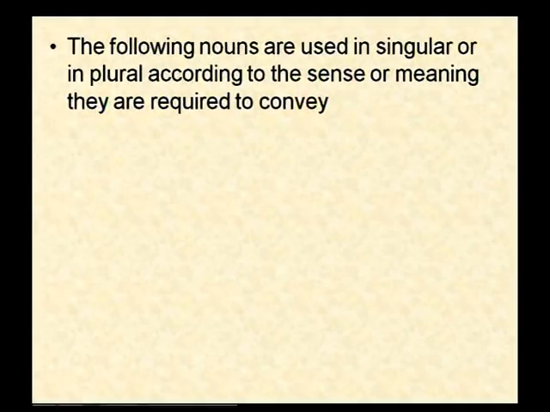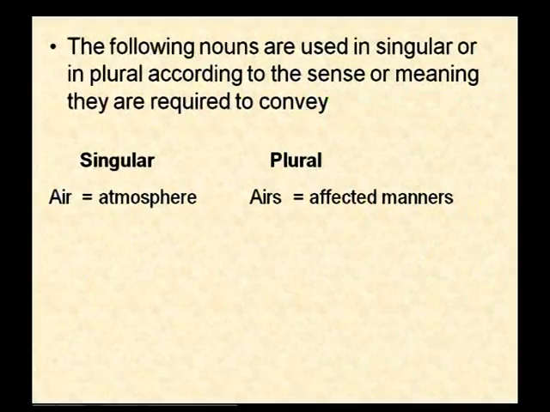Now let us look at the following nouns. They are used in singular or plural according to the sense or meaning they are required to convey. So whenever we use some words like air, atmosphere, in the context, whether we want to use it as singular or plural. So air means atmosphere. When we say airs, it is affected manners. He puts on lots of airs, pretensions.